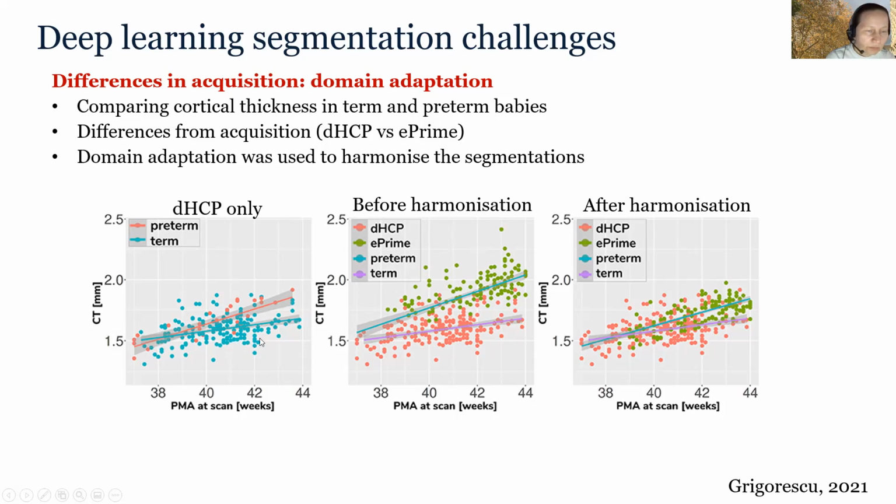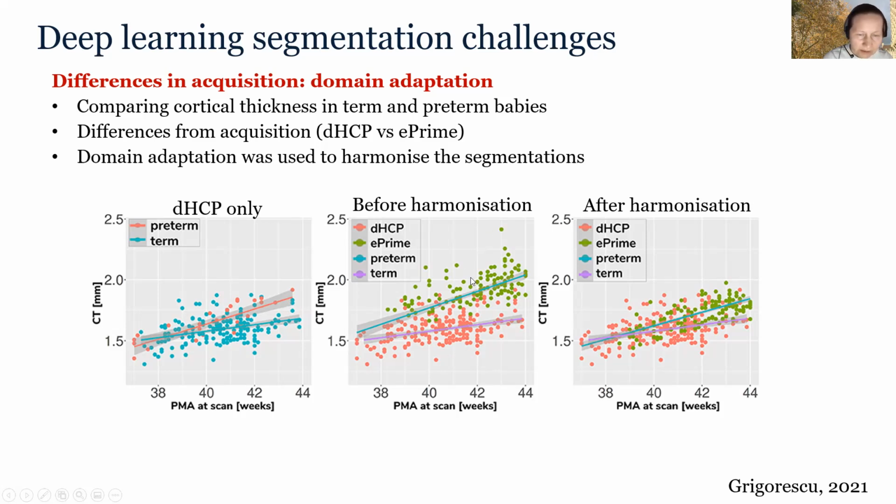The blue here are the term babies, and the orange are preterm, and we see that preterm babies have a bit bigger growth in cortical thickness, while it starts from lower in the preterm period and it goes faster. That's what it appears like. So this is kind of a ground truth pattern that we trust because it comes from data from the same acquisition protocol, same type of segmentation method. So this is what we expect to see.